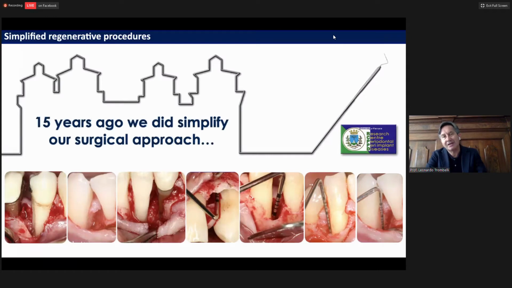Shifting the paradigm means not only being minimally invasive, but particularly concentrating on a simplified procedure, to combine better clinical outcomes and respect for the biological principles of wound stability and regeneration.